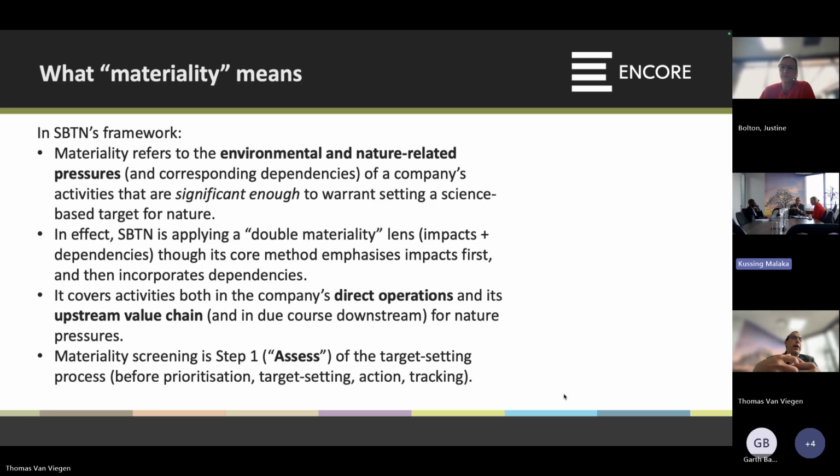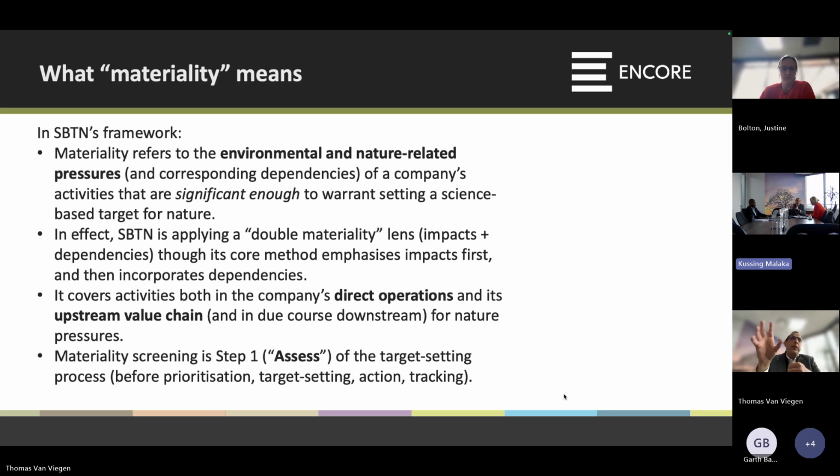And the whole issue around establishing targets, which this materiality assessment is part of the process of setting, is for a later discussion within this core structure. In effect, SBTN is looking at this double materiality lens. Currently, the work that we're doing with the International Sustainability Standards Board, unfortunately, has a single materiality lens.